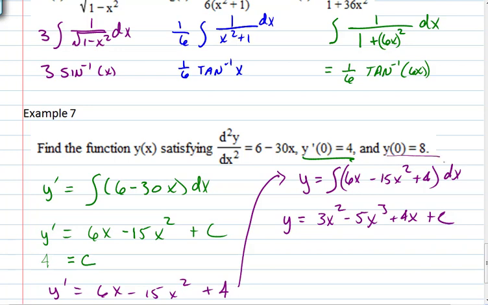But look at this. What is c equal to? When x is equal to 0, c is equal to 8. So then our final answer is y is equal to 3x squared minus 5x cubed plus 4x plus 8.